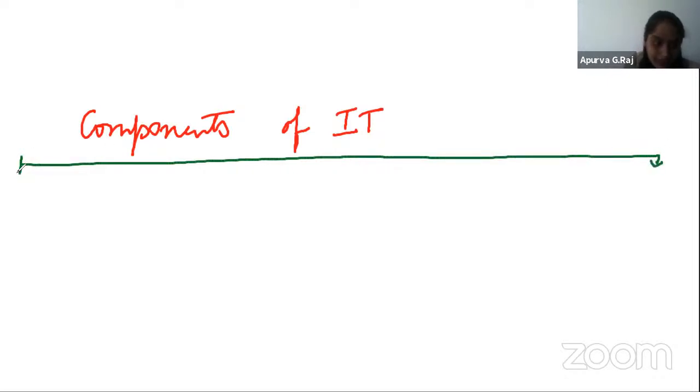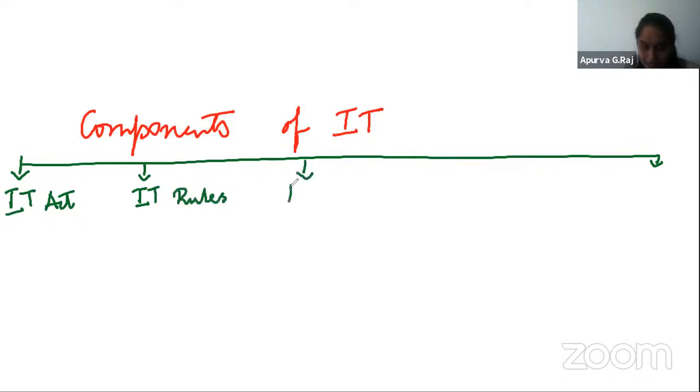The first one is called the Income Tax Act. The second portion is called the Income Tax Rules. And the third portion is called the Finance Act.